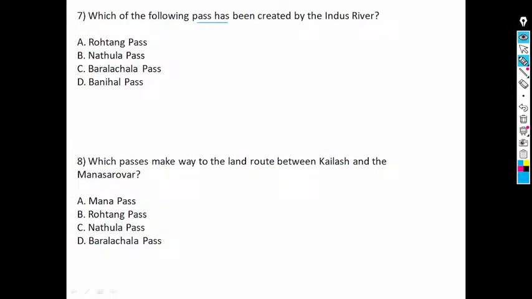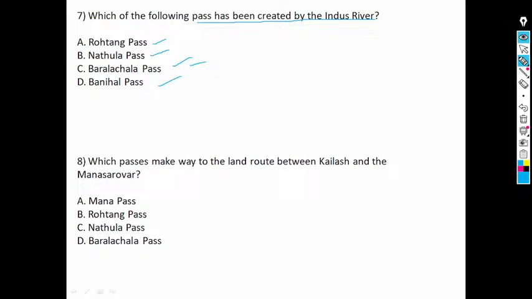Which of the following passes has been created by the Indus River? Rohtang Pass, Nathula, Ballachala, Banihal.